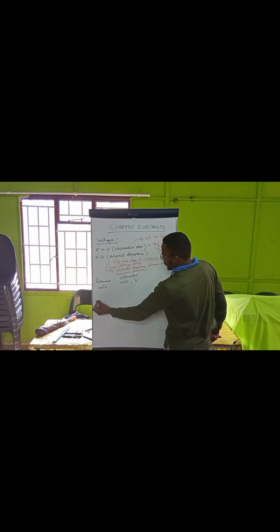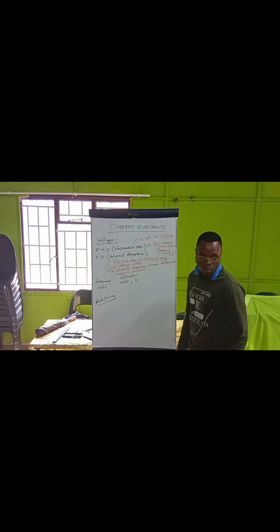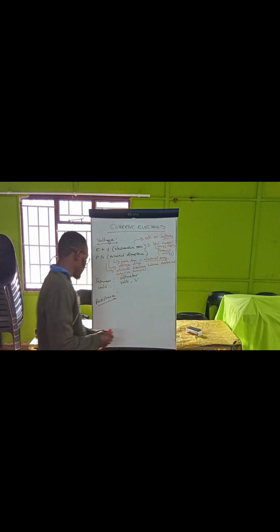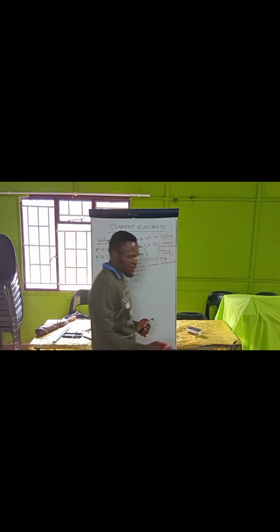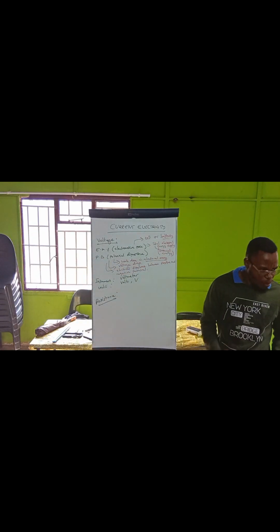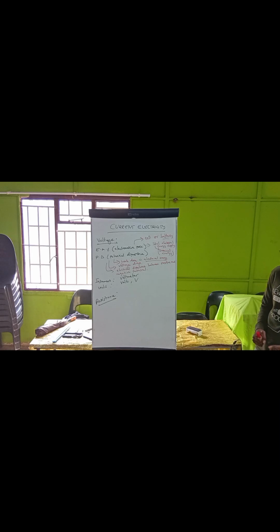Now, the last electrical quantity that we'll be looking at is resistance. Unless, of course, there's a question, please feel free to ask. So resistance. What is resistance? As the name implies, a resistor is opposing. When I talk about any resistance, there is an opposition.